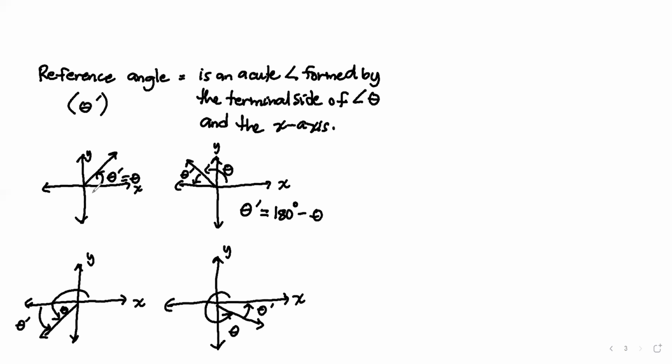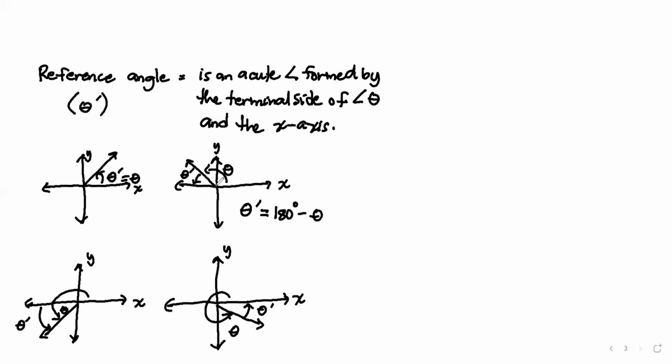By the way, class, the reference angle is an acute angle formed by the terminal side. This is the terminal side of this angle theta, and this is the x-axis, so this is the reference angle.